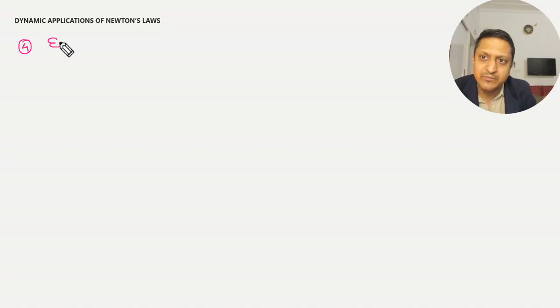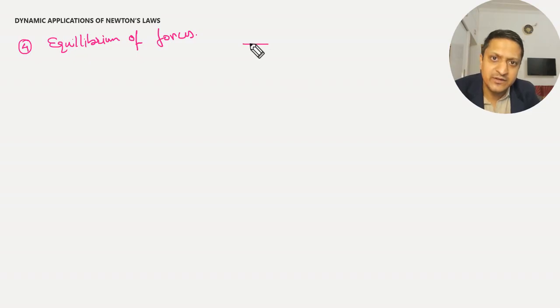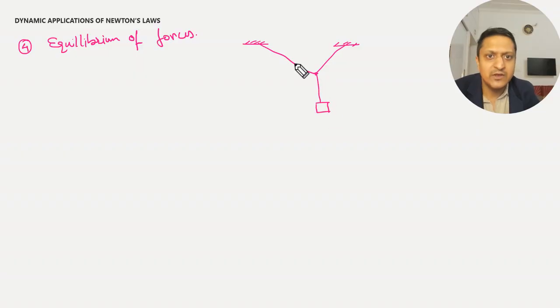That is equilibrium of forces. Equilibrium of forces means, if there is a string here and then a string here and then there is a mass, all the forces are in equilibrium.